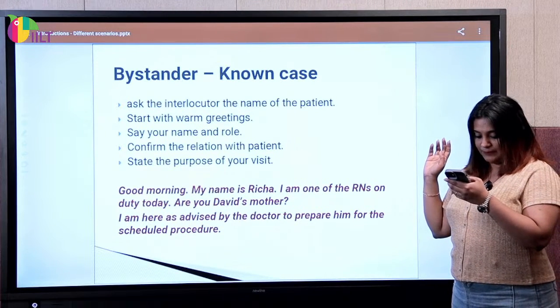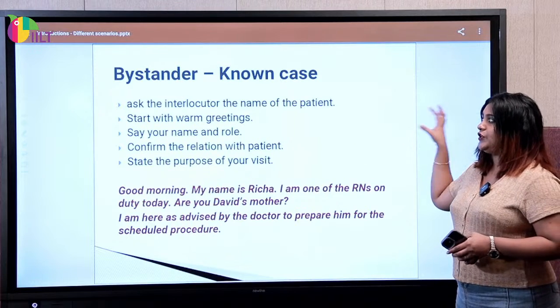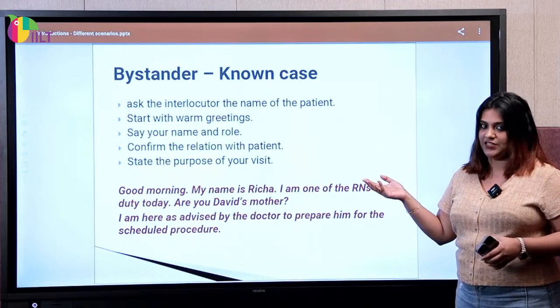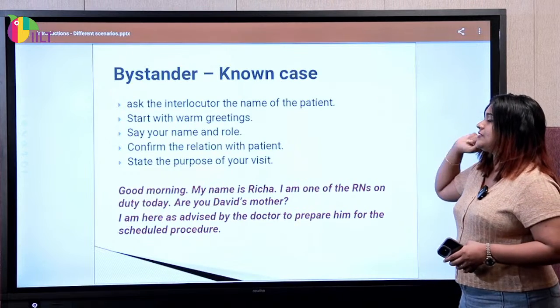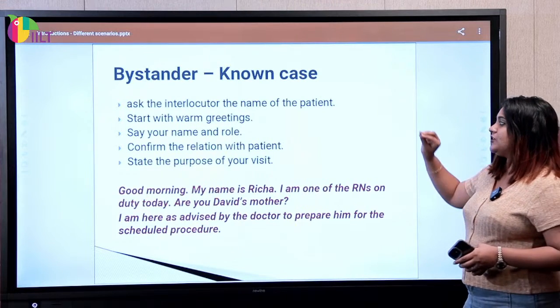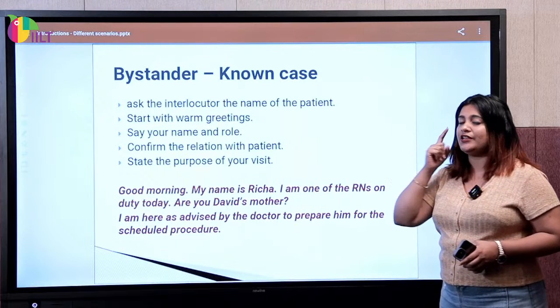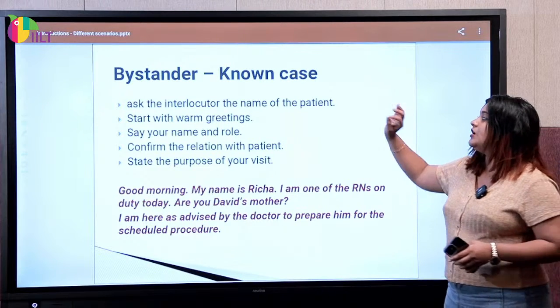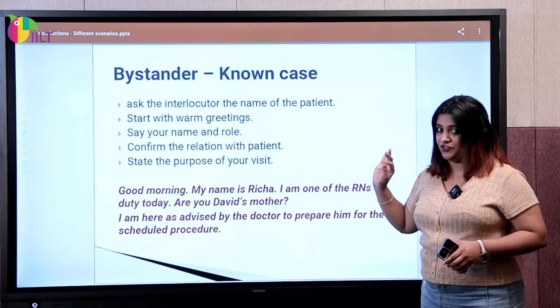We are going to see how you can separate it, and based on that how you can have your opening statement. So we are going to discuss the known case first. If you're talking to the bystander of a known case, the first thing you have to do is ask the interlocutor the name of the patient. Listen very carefully: it is the patient, not the bystander here.